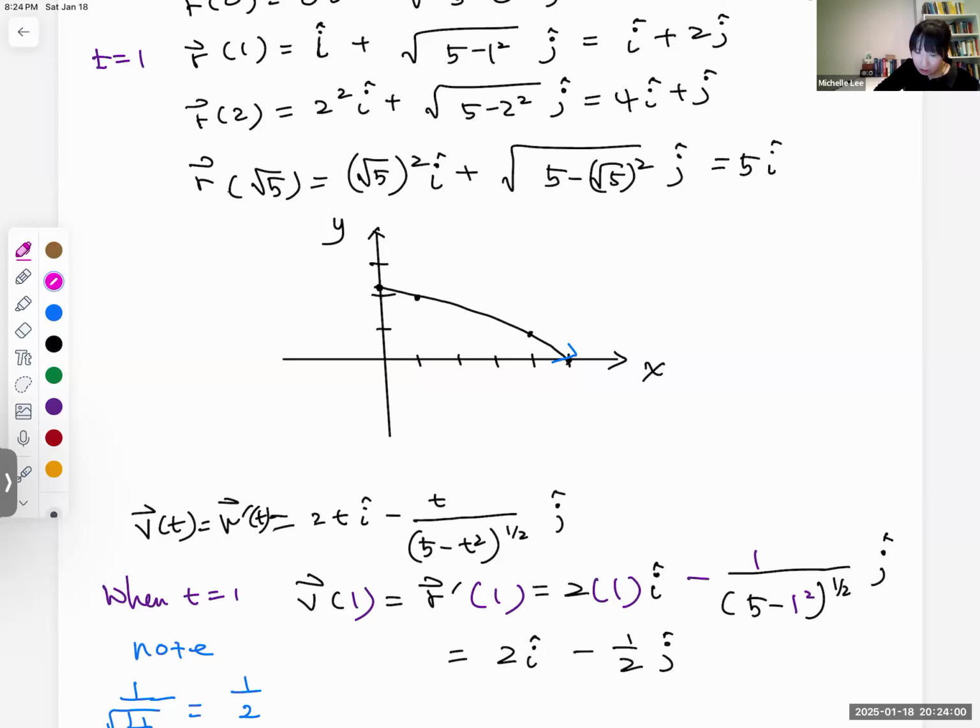From here, 1, 2, and then the negative 1/2. So that will be that. That is the velocity when t equals 1, which is 2i minus 1/2 j hat. Make sense?